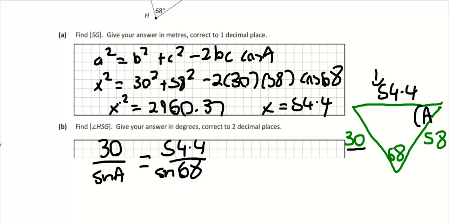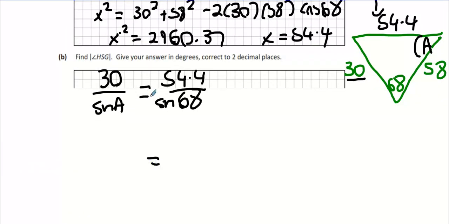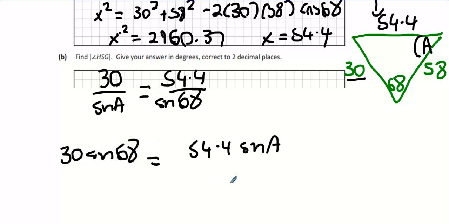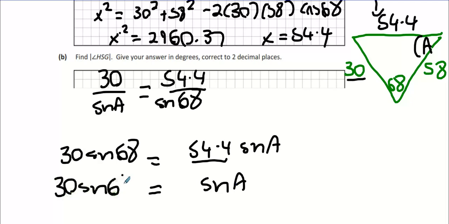Now, you can cross multiply, so it's 54.4 sine A equals 30 sine 68. And bring the 54.4 underneath, so it's going to be sine A equals 30 sine 68 over 54.4.